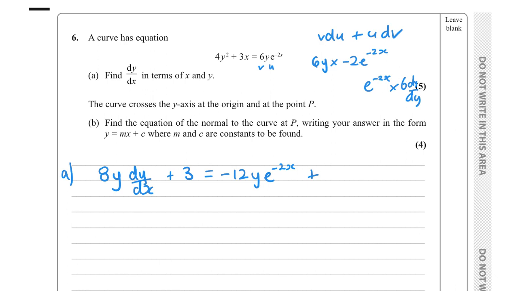Perfect. So we're going to have 6 e to the minus 2x dy by dx. Brilliant. And we have to find dy by dx in terms of x and y. So what do I want? I want dy by dx equals, okay?